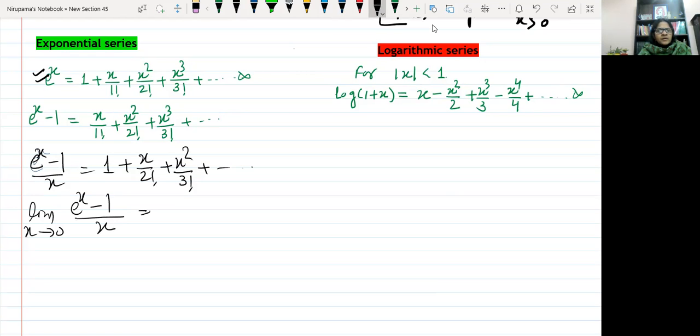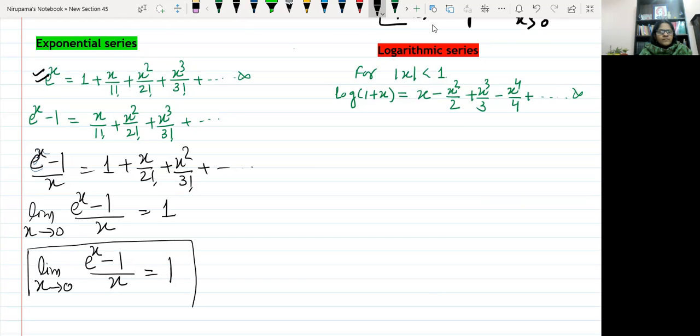If we take the limit of the right hand side, obviously it will be 1 plus 0, 0, 0 like this. So we are getting one of the standard forms: limit as x approaches 0 of (e^x - 1)/x is equal to 1. So we can use it as a standard formula of limits.